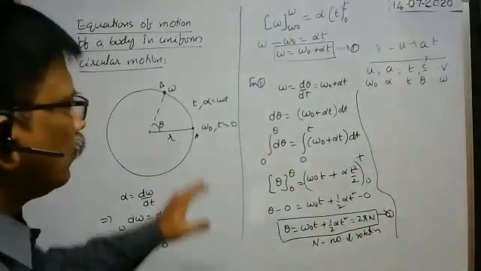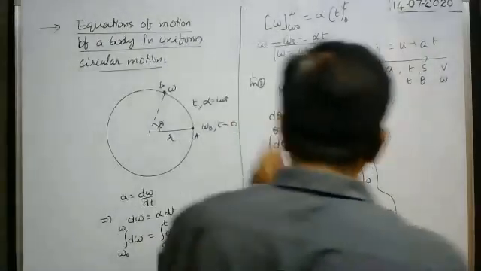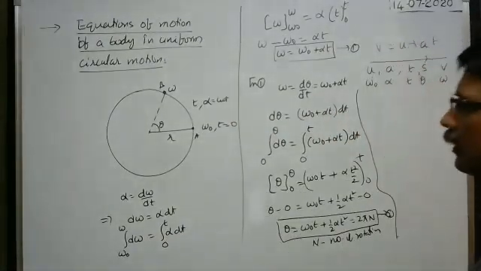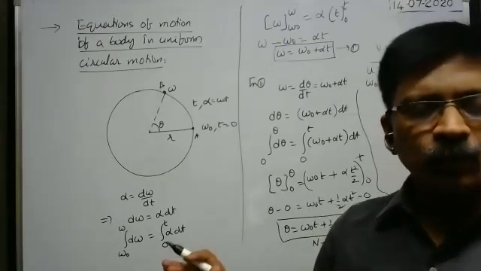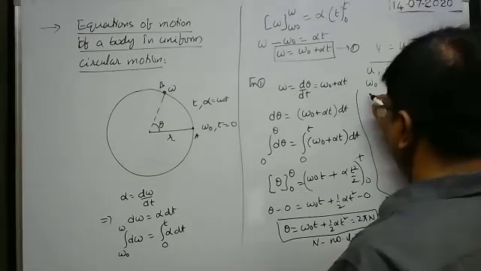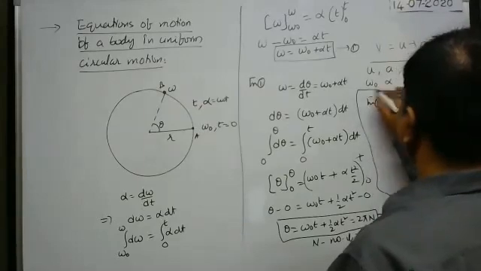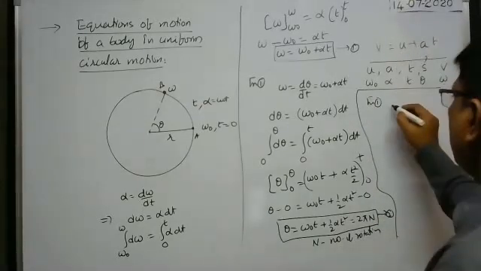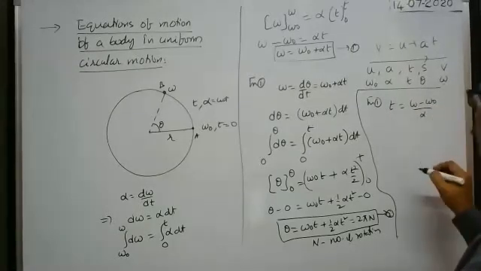Next, here two equations of motion we got. From these 1 and 2, we can find the v square minus u square equals 2as formula. So here also we can obtain that formula. From 1, t is equal to omega minus omega naught by alpha, no?